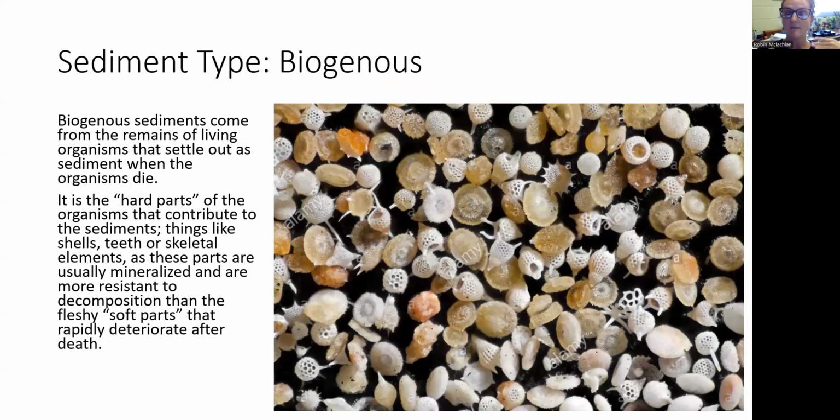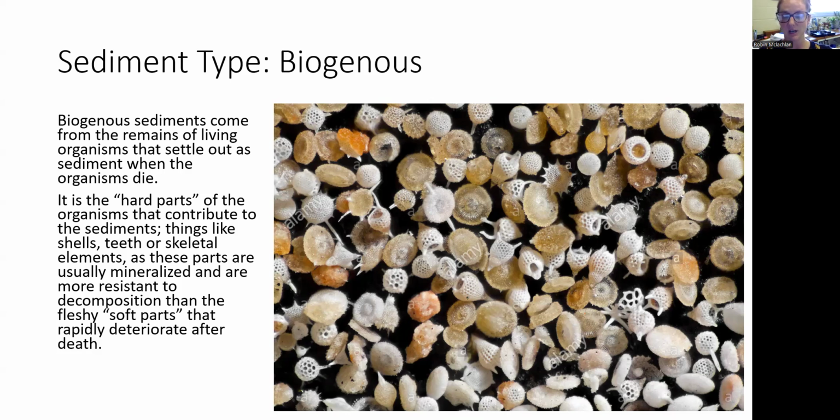Biogenic, on the other hand, was not formed by the breakdown of a rock, but instead was formed by biological organisms, right? So there's some sand that if you hold it in your hand, it might just look like regular sand. But if you put it underneath a microscope, you can see it's actually tiny little seashells. So biogenic sediment is sediment that has settled out from either total shells or just fragments of shells from different organisms or hard parts from those organisms.